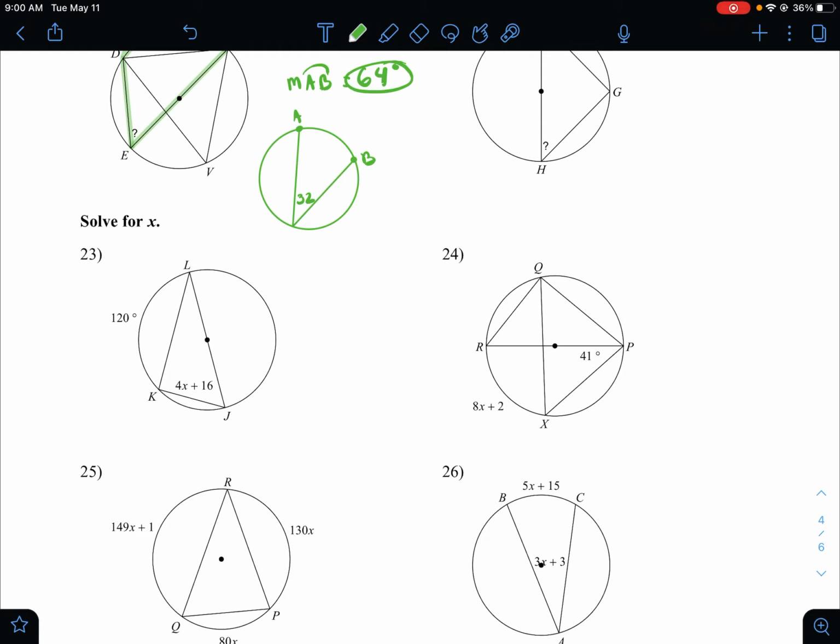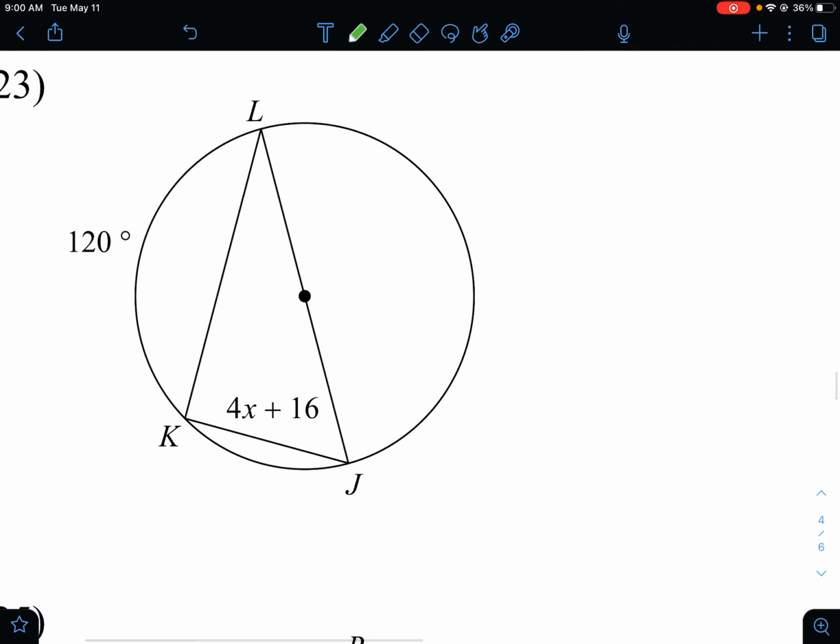So let's go ahead and try another one. So now they actually want us to solve for x here. So again, we know that the measure of this angle is half that of the arc. So there's kind of two different ways we could do this. I'm going to show you both ways, because sometimes one may work, sometimes the other may work better.